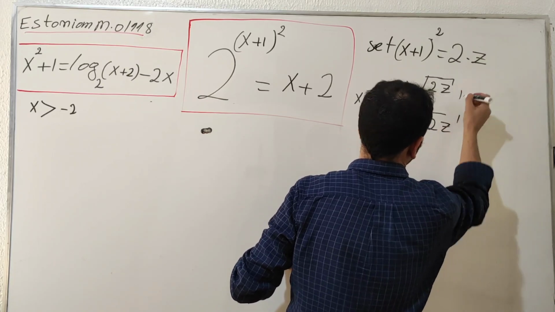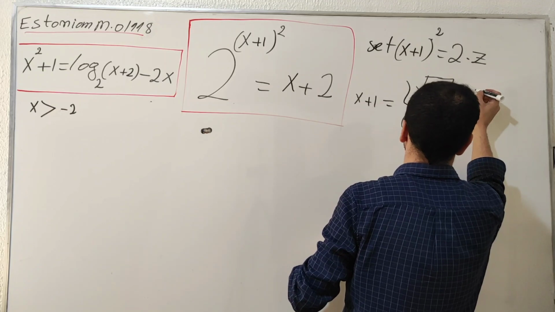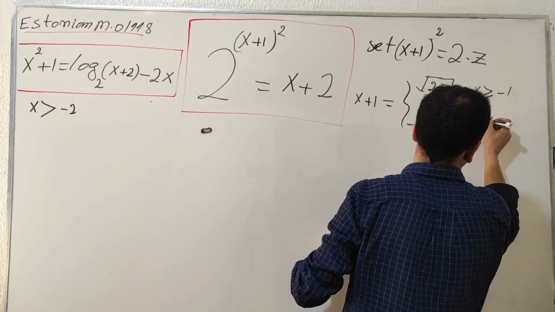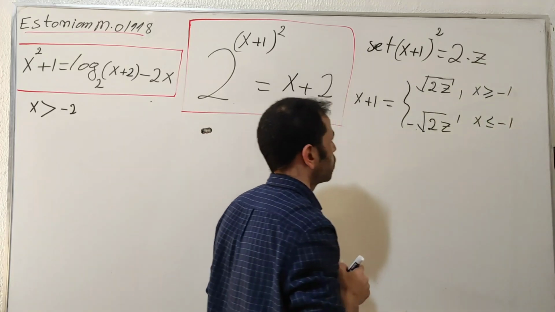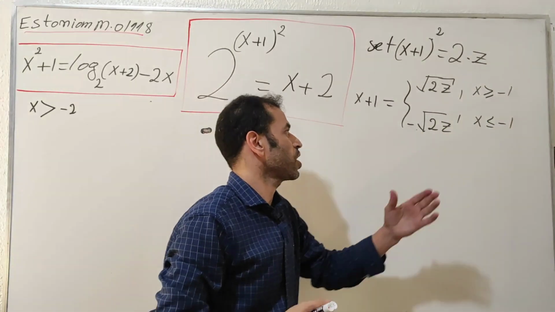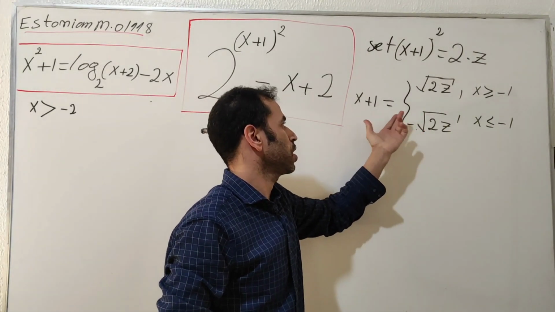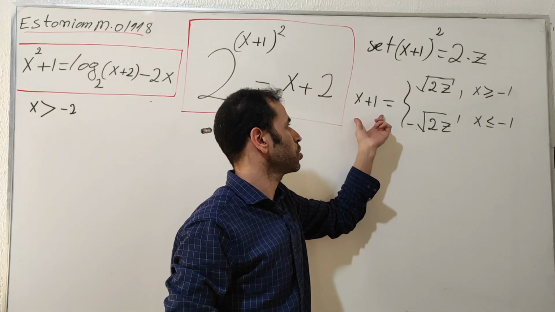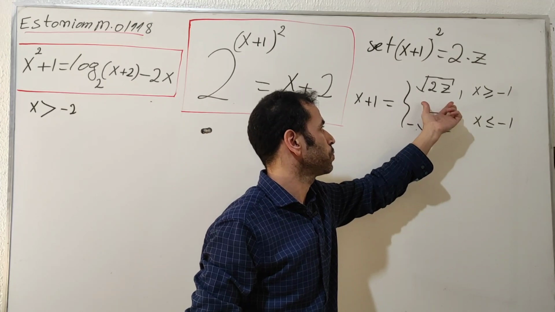The first happens if x is greater than or equal to minus 1, the second if x is strictly less than minus 1. Both of them share minus 1 as a common solution, because replacing x with minus 1, I get 0 here, and also I get 0 here.